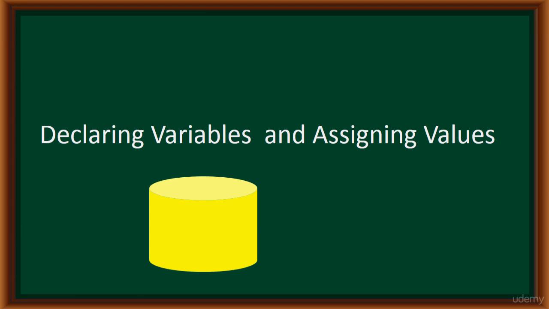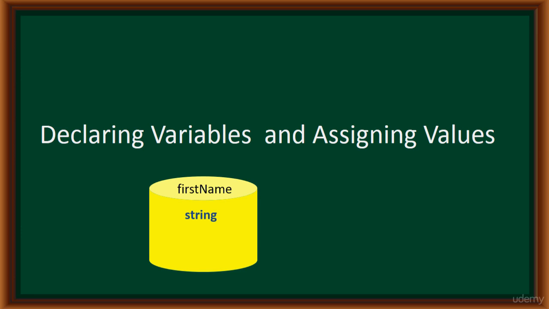Before we store anything, we need to know what type of data we are storing. So first of all, we give the variable a name. This is a container. We give it a name called first name. Then we need to know what type of data we are going to store inside this container. It's going to be a string.